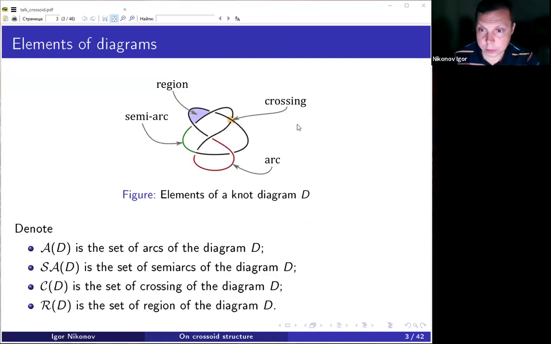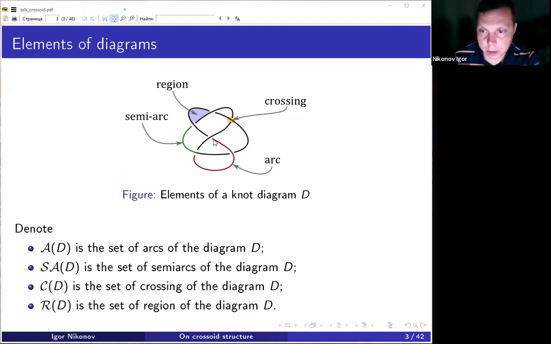And a typical knot invariant uses in this construction elements of the diagram. So given a diagram that is a four-valent graph, we embed it in the surface or in the plane. We can consider the parts of this diagram, which are edges. We will call the edges semi-arcs. The vertices are the crossings, and semi-arcs form arcs.